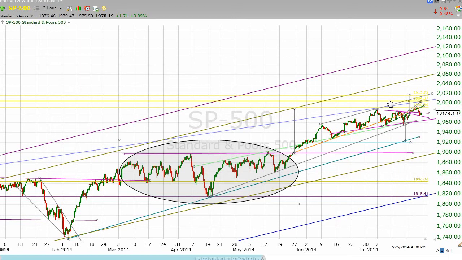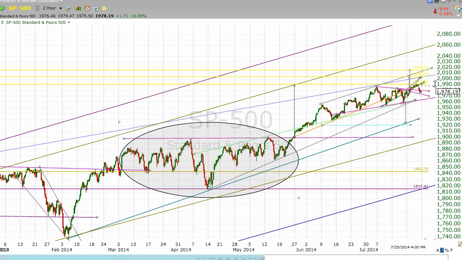And if we look at this just in broad general terms, it looks like we broke up over this line, rallied up, then went sideways for about three and a half weeks. Then we broke out of that consolidation.